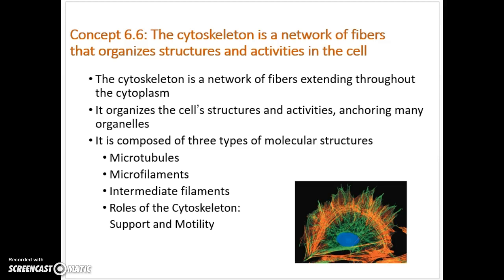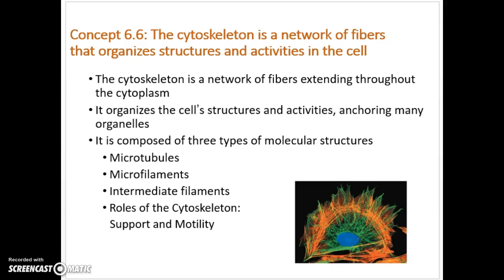Okay, so now the next concept that we're going to look at is the cytoskeleton. That is a network of fibers organizing the structure and activities in the cell. They used to think it was just making up the structure of the cell. So skeleton, you think of structure. But what they've learned is that the cytoskeleton is actually involved in transport within the cell. It's made up of a network of fibers that go all throughout the cytoplasm.